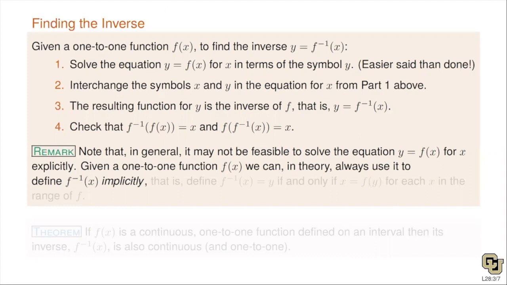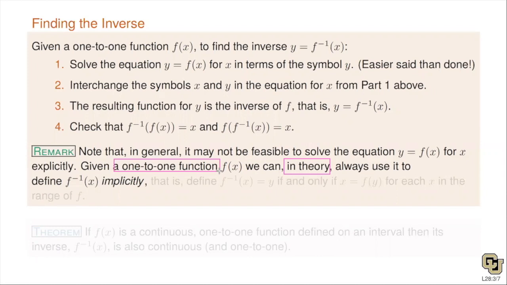However, in theory, given a one-to-one function, we can always define the inverse. If I know f of a equals b, then without knowing the formula for the inverse, I know f inverse of b equals a. I can always define f inverse by reversing how f behaves. So I don't need to explicitly know the formula of f inverse.